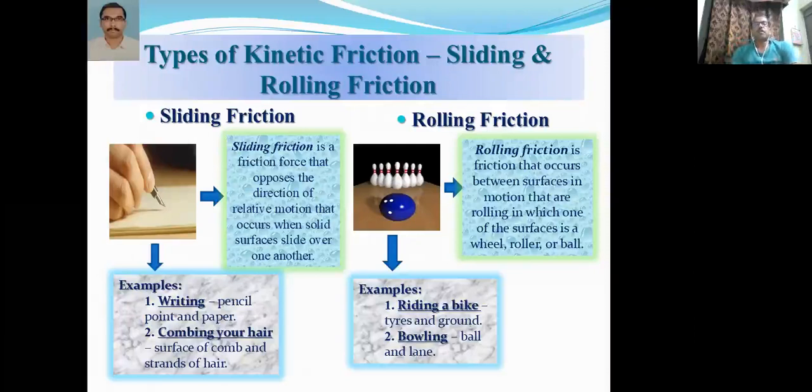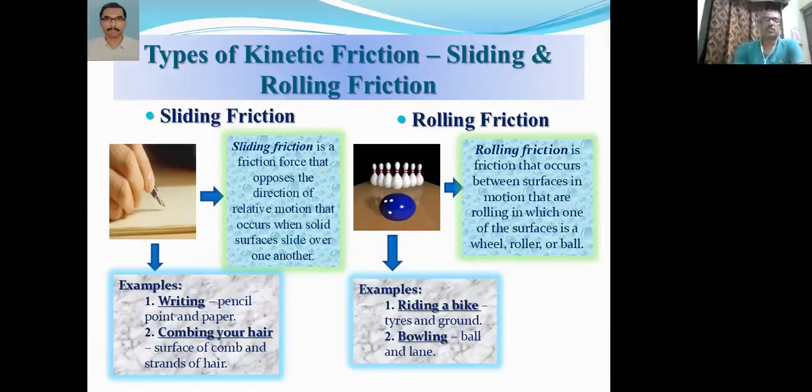There may be two surfaces, both surfaces are moving. One may have the greater velocity, another may have the lower velocity. The greater velocity surface is prevented by the relative motion's frictional force.